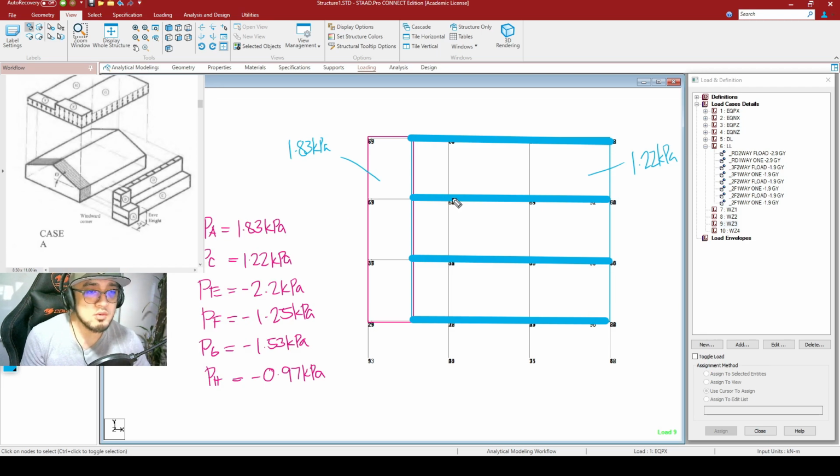The first thing that we will be doing here is determining the tributary area of each beam. In here, guys, the tributary area of your top beam is this one right here. The tributary area for this particular beam right here is this. The tributary area of the second floor beam is this, and the tributary area of the bottom beams is this.